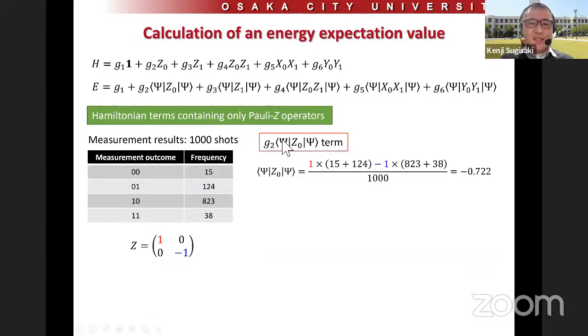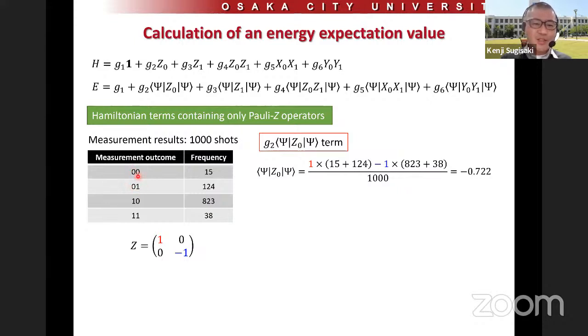So the expectation value of the Pauli Z0 term can be calculated as shown here. This 1 corresponds to the eigenvalue of the 0 state, and 15 plus 124 comes from the frequency of the measurement outcome of the 0 state and 1 state.